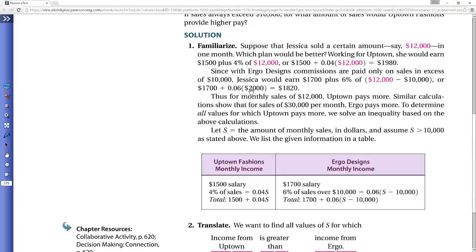So Jessica would earn $1,700 salary plus 6% of everything over $10,000. And you do the math and you'd end up with $1,820. So in this specific case, where one thing happened, we could compare it to both situations and decide which one was which.